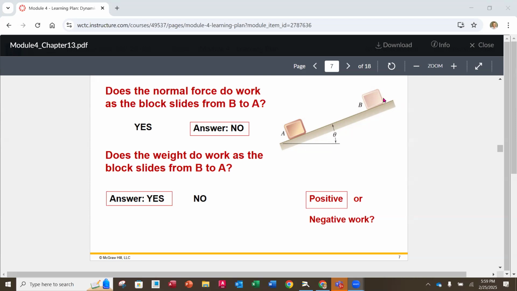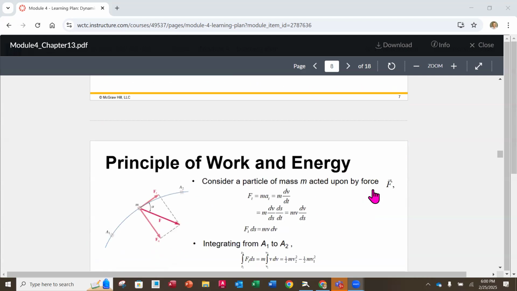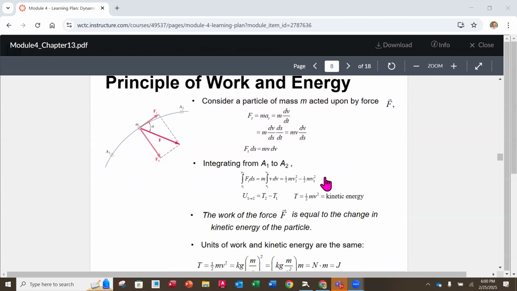I'm so sorry. From B to A going down is positive work because they're going in the same direction. If we're going up the incline, that would be negative work because the component of the force of weight is going to be going in the opposite direction of the actual movement itself. So you answered it correctly. Aaliyah, you answered it correctly too, the way that I said it.